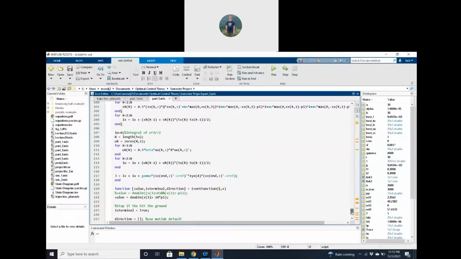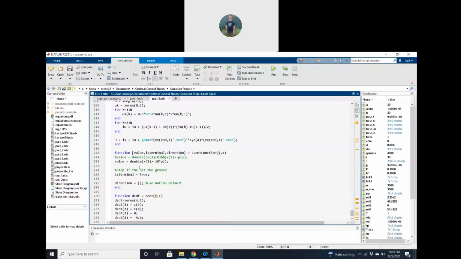And then, like I said, this is the event function that we've effectively erased, but it's still there anyways. So it'll stop the ODE if theta 2 is greater than negative 10 pi, or if theta 2 is less than negative 10 pi.